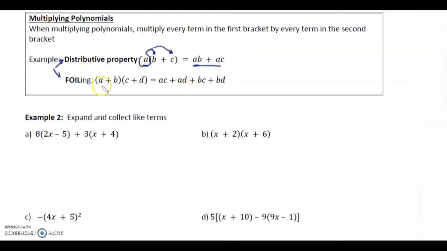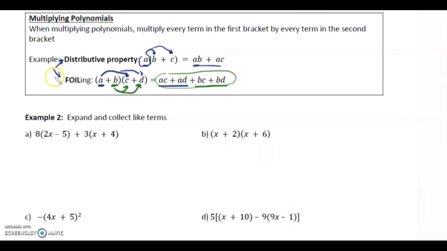In regards to foiling, we take the A and we distribute it to C and D. That gives us AC plus AD. Then we take the B term and multiply that by C and multiply that by D. So then we get plus BC plus BD. Okay, this whole expansion.